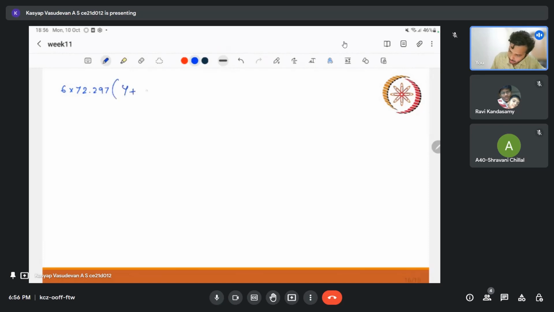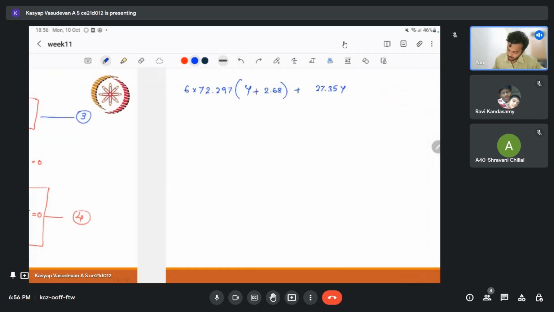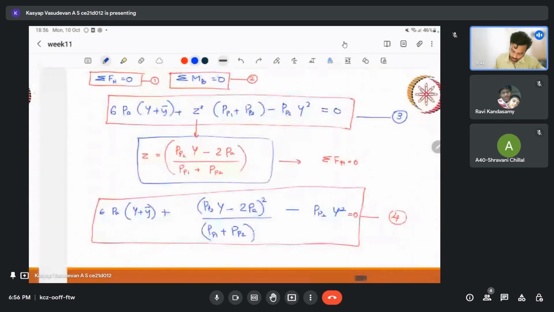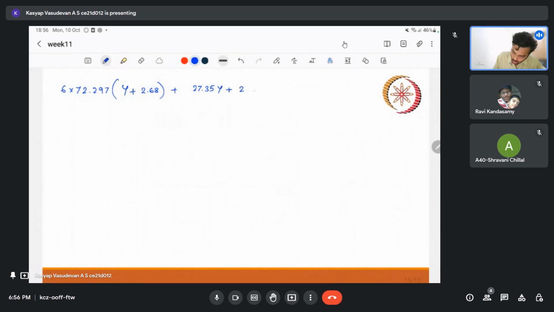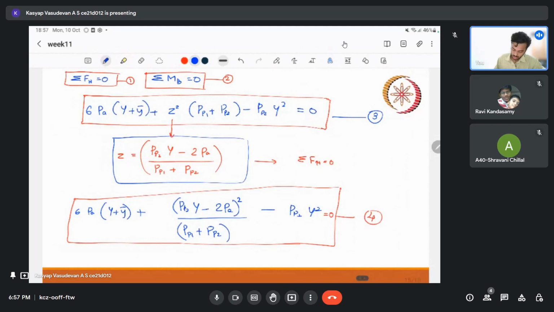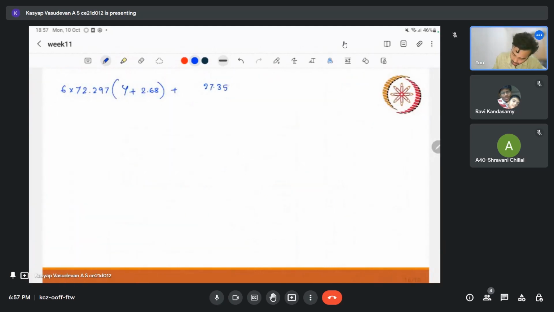My capital PA is 72.9297, and y plus y bar is 2.68, which we solved before. Plus, in the numerator we have pp2 y, where pp2 is 27.35 y, into y, minus 2 into pa, where pa is 72.9297.